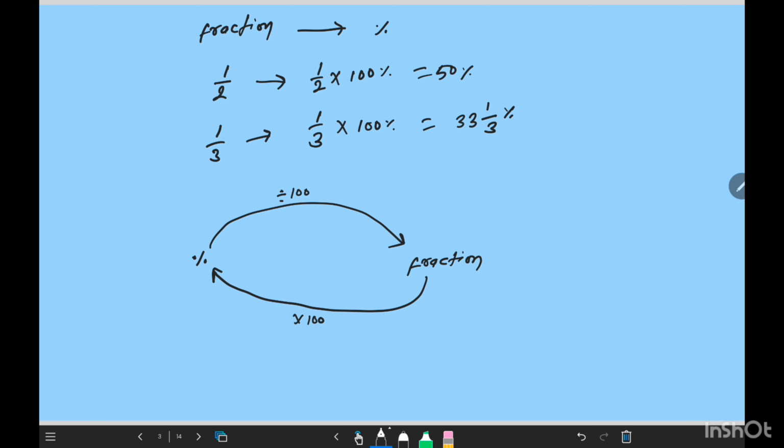And let me tell you, this is very important for your examination. For example, if a number is 1, then how can we convert it into the form of percentage? If there is nothing in the bottom here, what can we write? We can write 1 upon 1, that will still make 1, right?